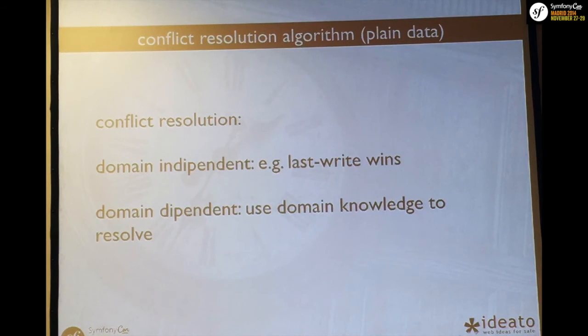Or you can choose to use domain knowledge to resolve the conflicts. Maybe the default rule is that for every record, the more recent wins, but if the record is, I don't know, a calendar entry, maybe the entry coming from the mobile app wins. You can just choose rules like that, depending on your actual domain.